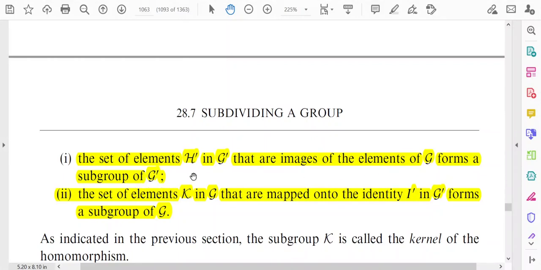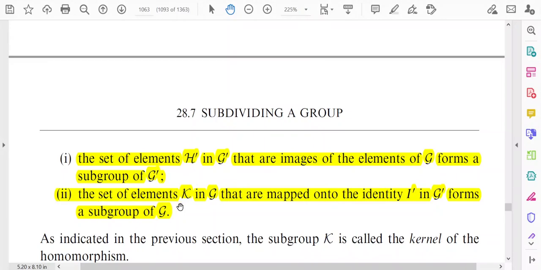Its meaning is that if capital H is a subgroup in capital G, then H prime will also be a subgroup in G prime.